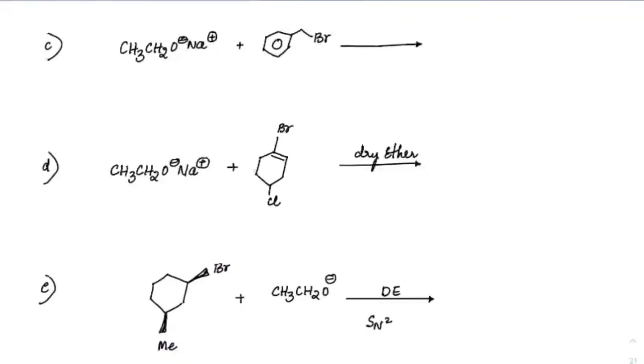I'm giving you 2 minutes of time. Just check out the products and the reactants and start marking the products. Mention if it is SN2 ready, and if it is SN2 ready, then what will be the product.